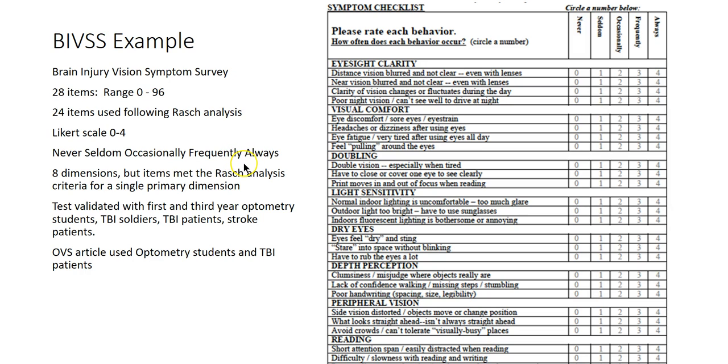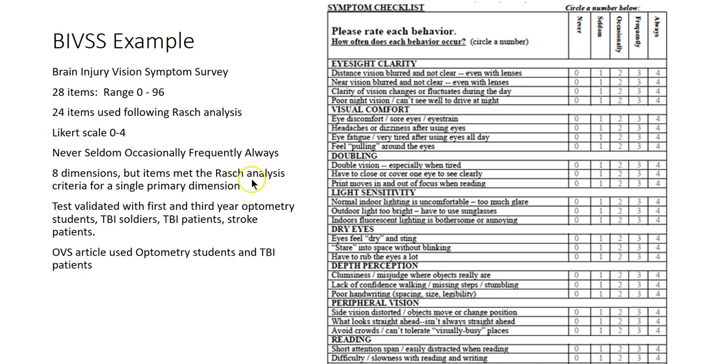The dimensions are good dimensions, but the overall single underlying primary dimension, if you drop 4 items, is not all that bad. It didn't meet the criteria to reject a primary dimension for Rasch analysis. So we actually do it both ways.